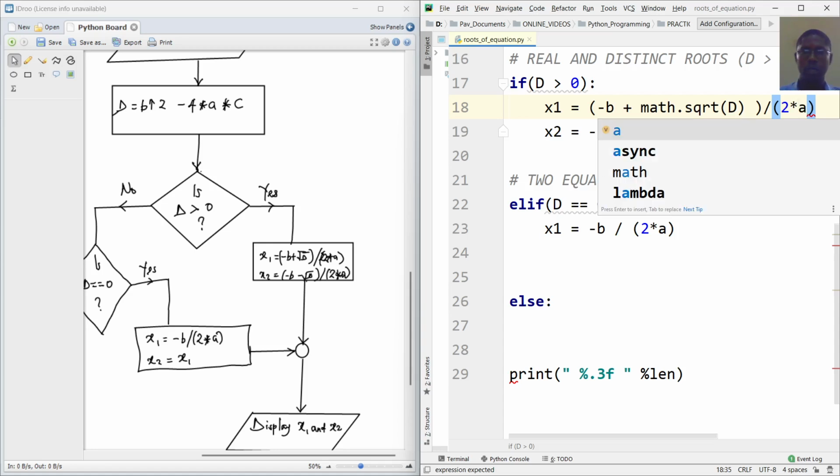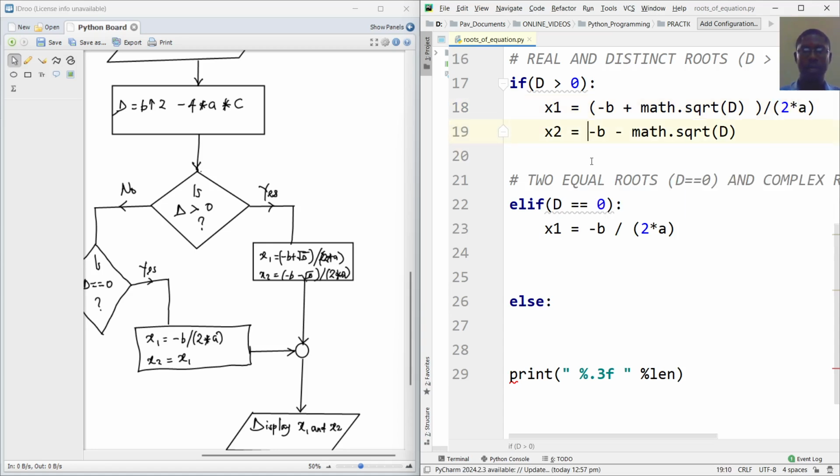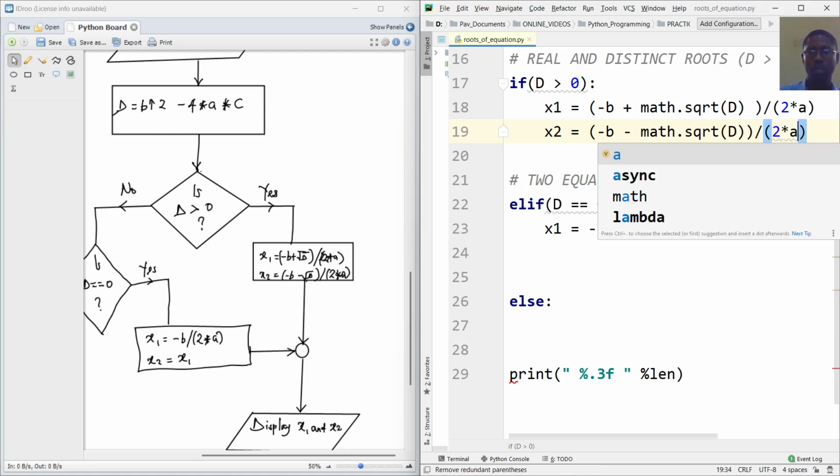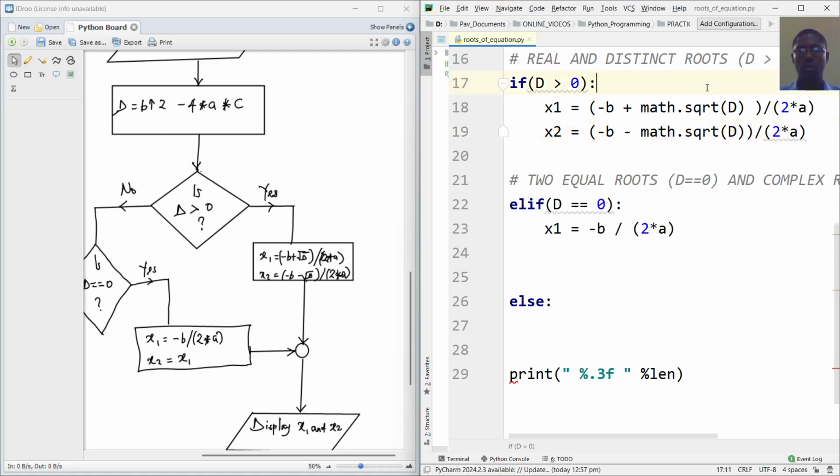The same thing applies here, divided by 2 times a, right? So we have 2 times a. Then of course at this point our x2 will be x1, so we'll pass in the value of x1 here.